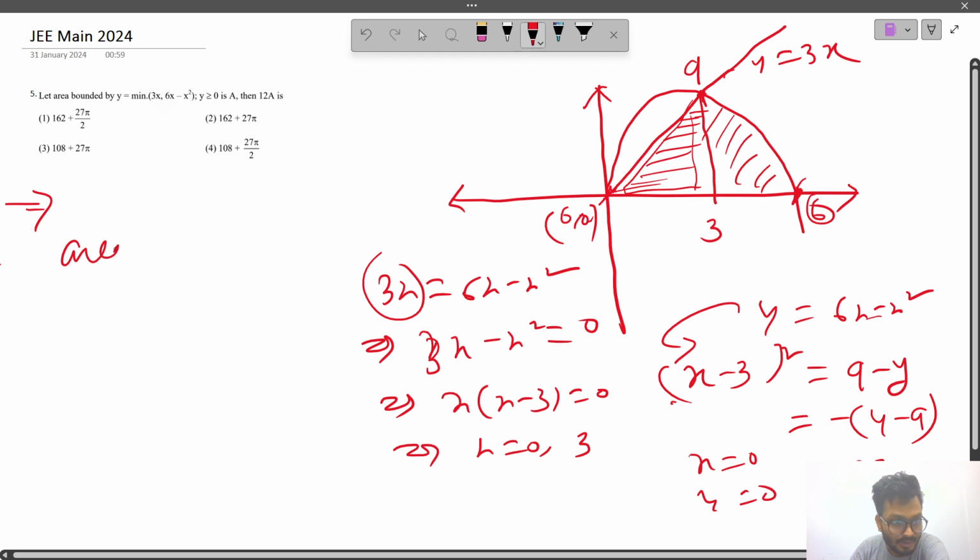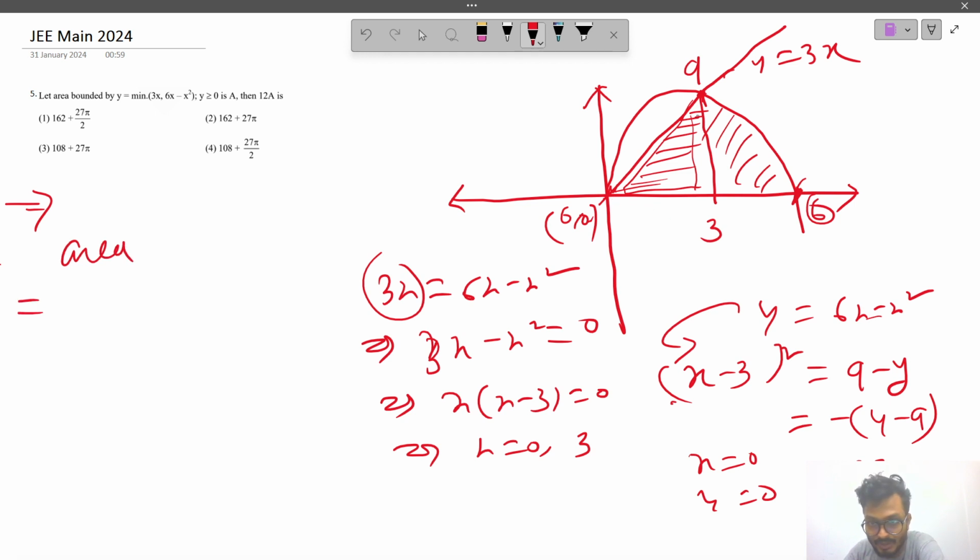So area is equal to, for this area, what do we get? This is nothing but a right angle triangle, so half into 3, this length is 3, into this length 9. Plus the integration from 3 to 6. And what is the curve?